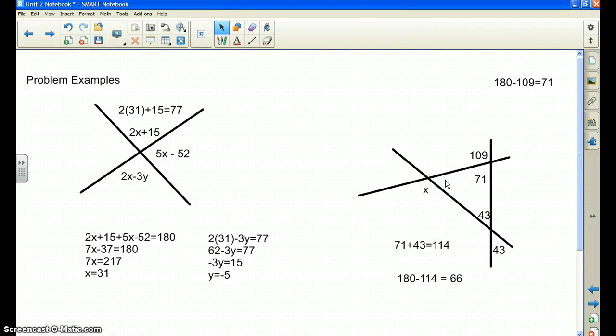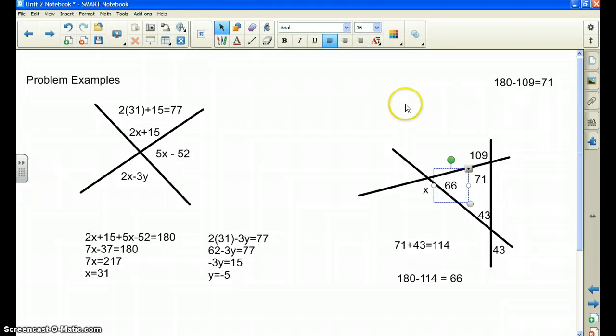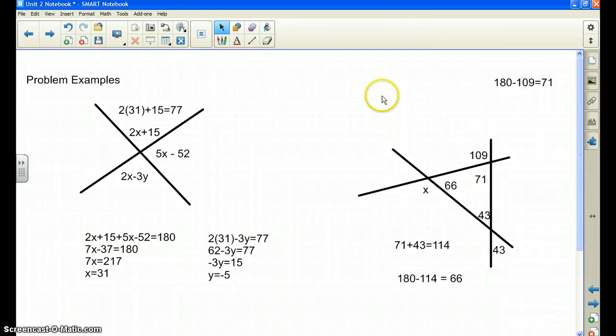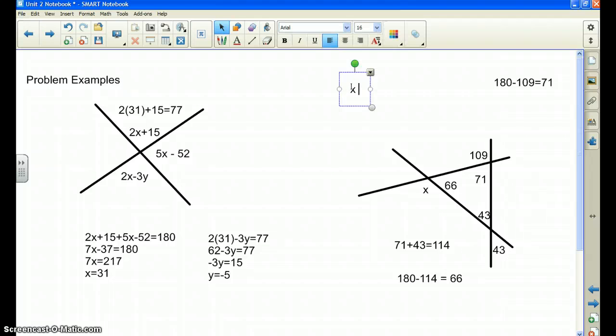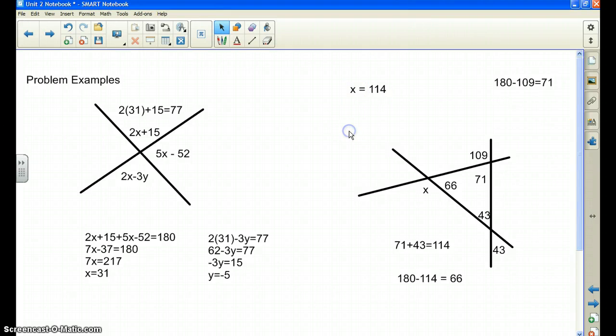So my angle there is 66. And then finally, the last thing I've got to do is solve for x, so I can do 180 minus 66. So my angle x is going to equal 114 degrees. Okay, so that's all we're looking at right there. All right, that's it for this video, and we'll check out the next one tomorrow night.